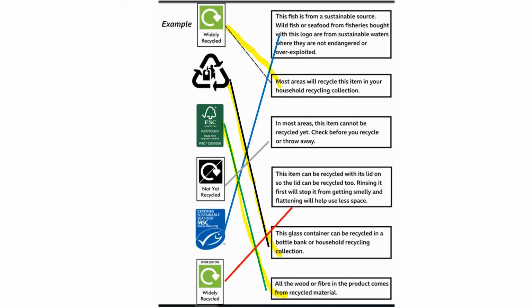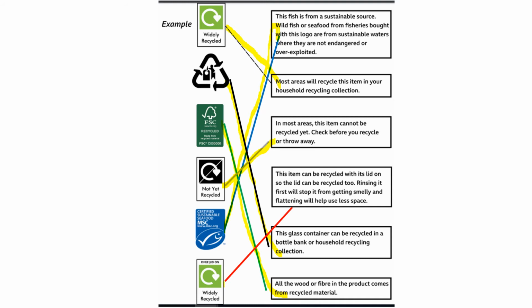The fourth one, it says not recycled yet on the image, so that gives you a clue. So in most areas this item cannot be recycled yet. Check before you recycle or throw away. This one's got a clue because of the little picture there, that's a fish. So that one goes up to here. This fish is from a sustainable source. Wild fish or seafood from the fisheries bought with this logo are from sustainable waters where they are not endangered or overexploited.